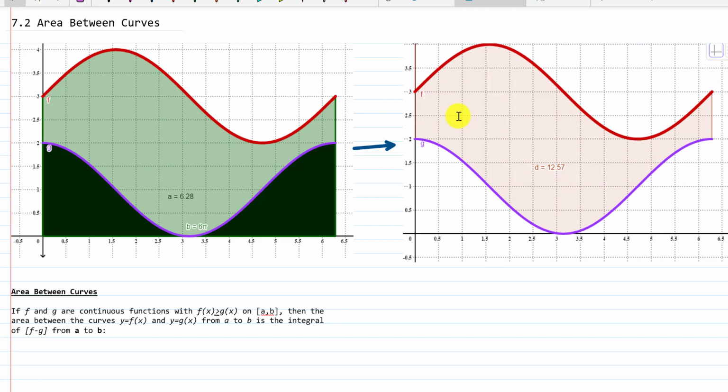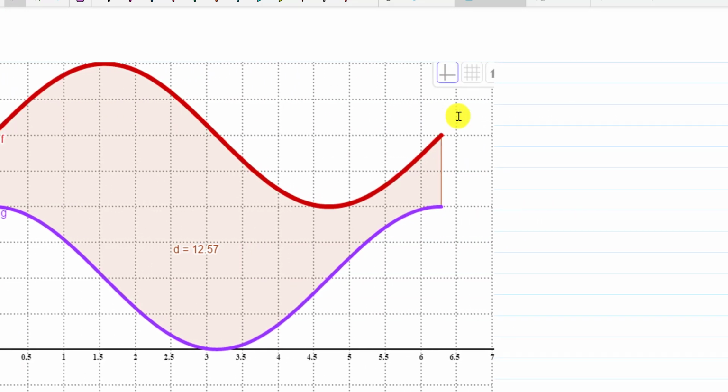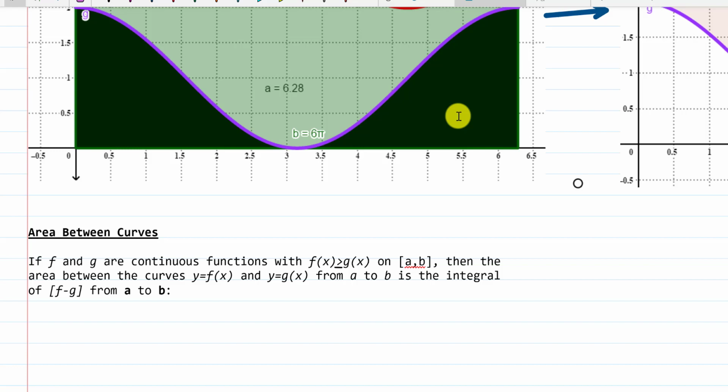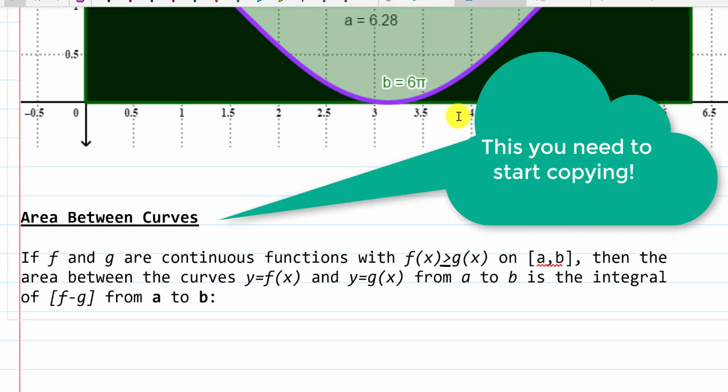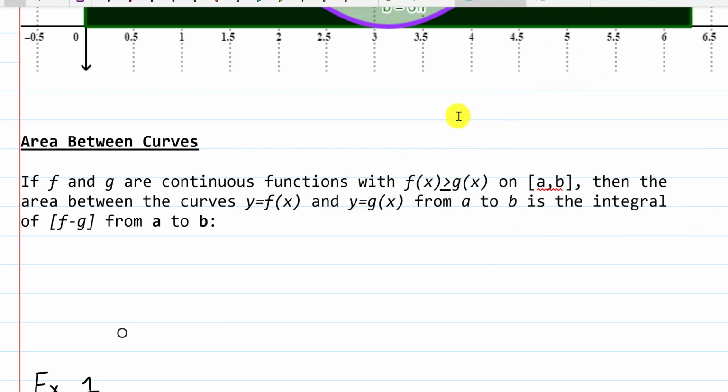This leads me into the definition of how to find area between curves. So we started with an integral like this, and we ended up with an integral like that. So area between curves. If f and g are continuous functions with f of x being greater than or equal to g of x on an interval [a, b], then the area between the curves y equals f of x and y equals g of x from a to b is the integral of f minus g from a to b.